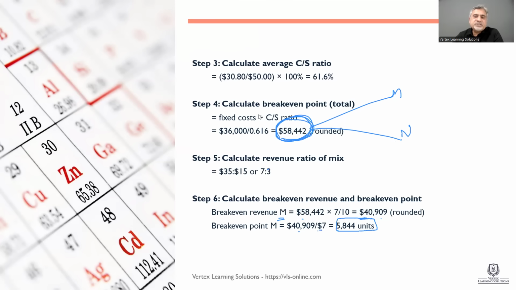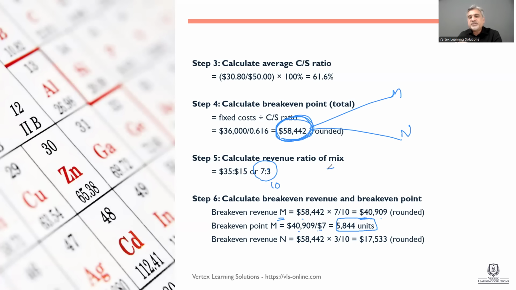And then I can do similarly, same method for N. 58,442 is the total revenue times 3 by 10, because the ratio is 3 by 10. Why am I taking 10, by the way? Whenever you do ratio and proportion, you see what is the total. If the total is 10, it means that there are 10 portions.